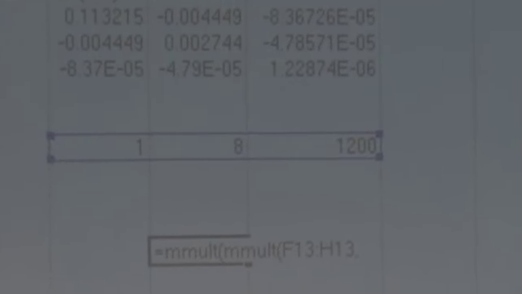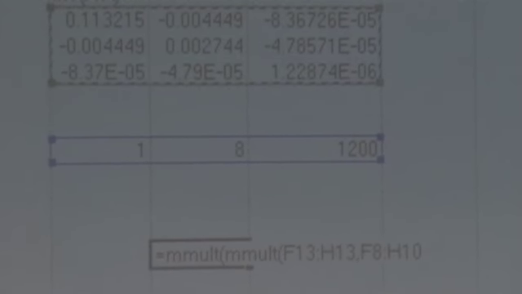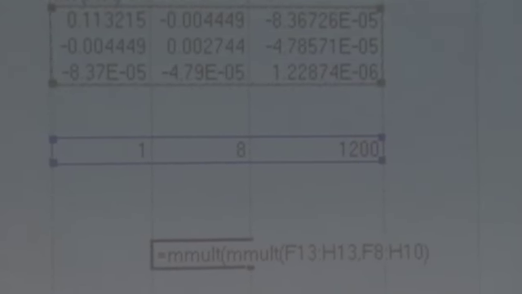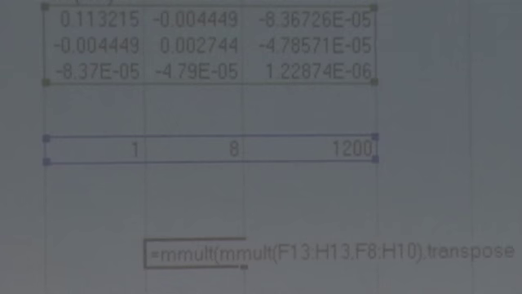That's the vector, and then times the x prime inverse x prime x, okay? Oh, really? Yeah. And then take comma transpose of this little dude. It's not going to like that? I don't think so. Shift control enter.